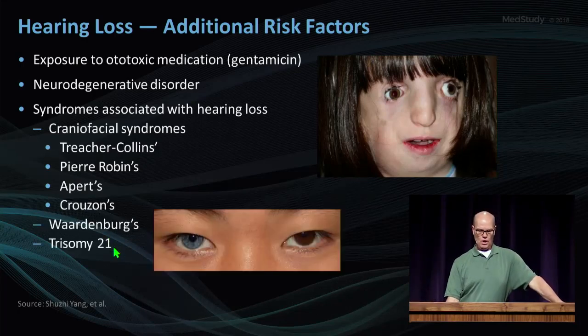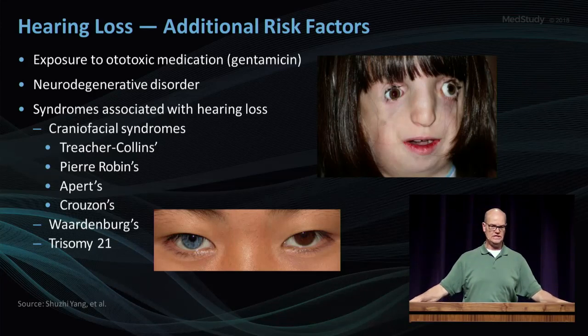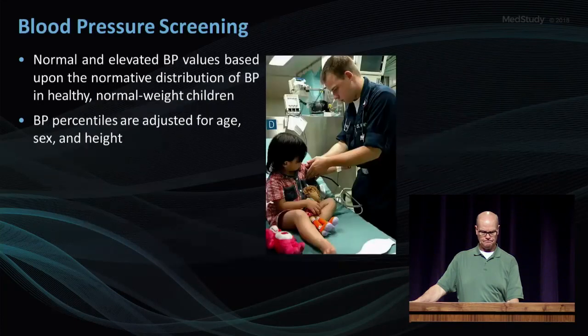Know also Waardenburg syndrome, characterized by a white forelock and heterochromia. These individuals have a high risk of hearing loss, as do children with trisomy 21. And has been mentioned again, another board favorite is hearing loss and syncope, and that is prolonged QT syndrome. So keep that one in mind.